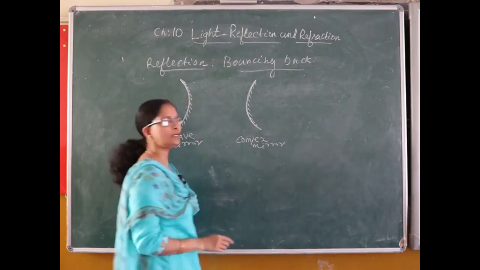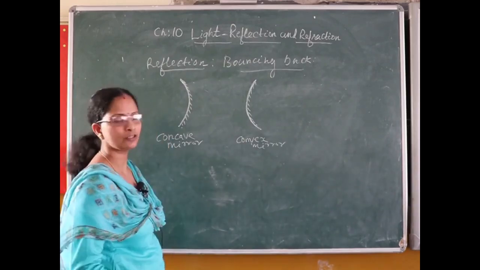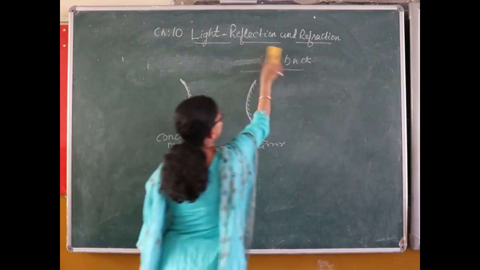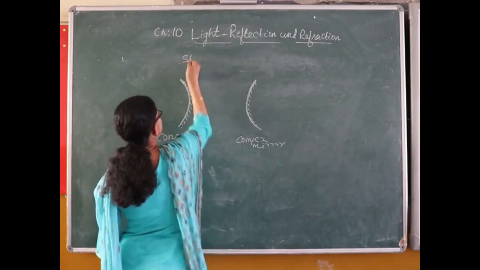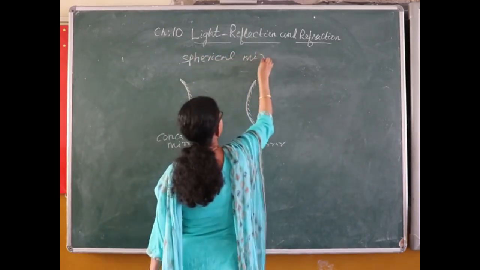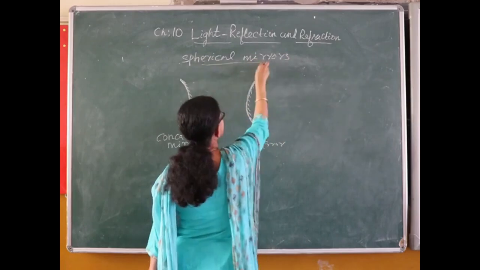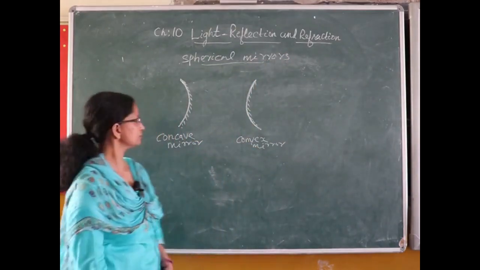So spherical mirrors are of two types, concave mirror and convex mirror.